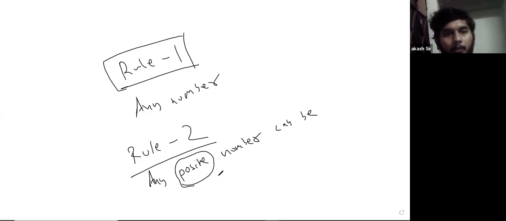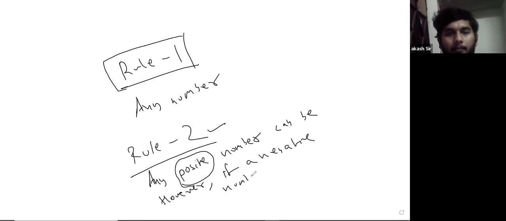Gautam, can you tell me rule number 2? Any positive number can be multiplied or divided in an inequation without changing its sign. Yeah, right. Add a second point to this rule. However, if a negative number is multiplied or divided, then the sign of the inequation will be changed.